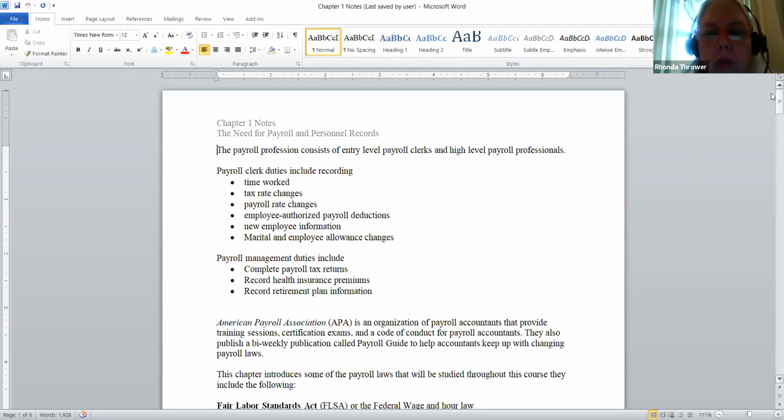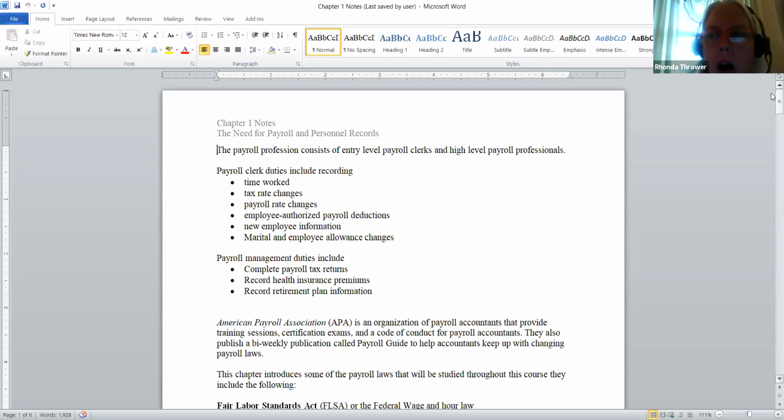This first chapter is just an introduction to some of the things that you're going to need to collect for your company. And we're going to show you some things about the laws that are in effect that cause us to have to keep certain documents.